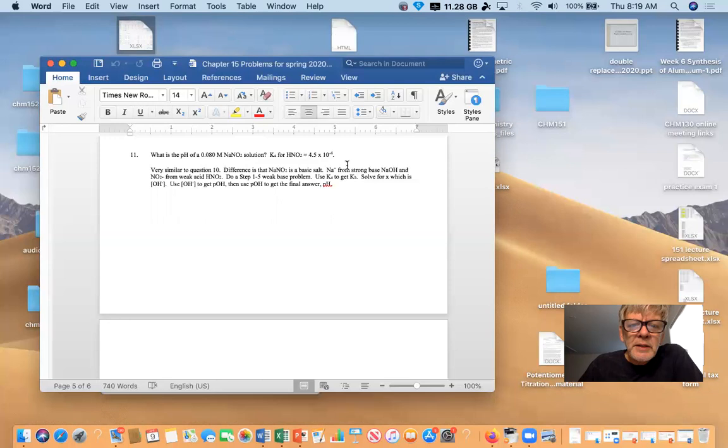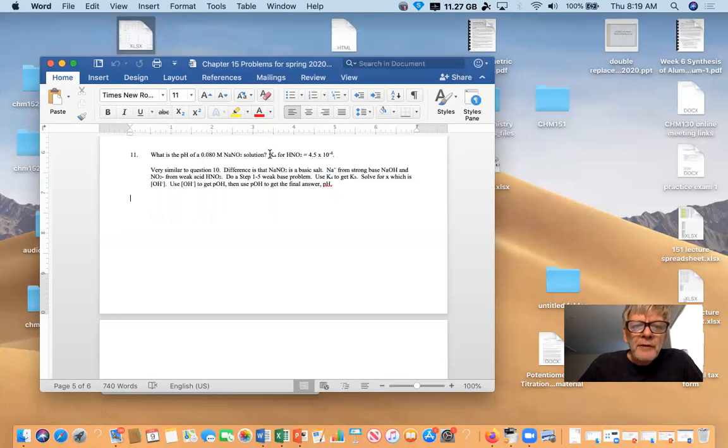We don't have to pay attention to sodium plus because it comes from a strong base, and therefore sodium plus is a lousy acid. We can just cross it out and not pay any attention to it. So once again, we notice that this is a weak base, so we're going to need to know Kb.